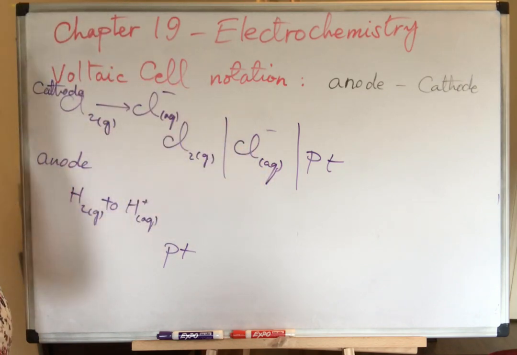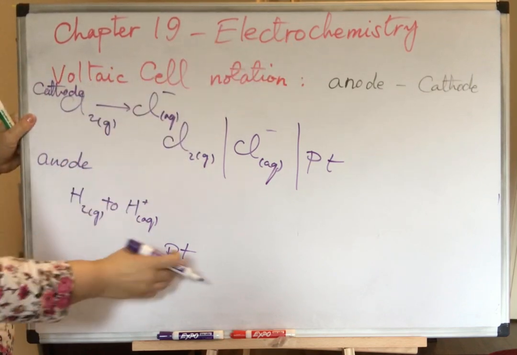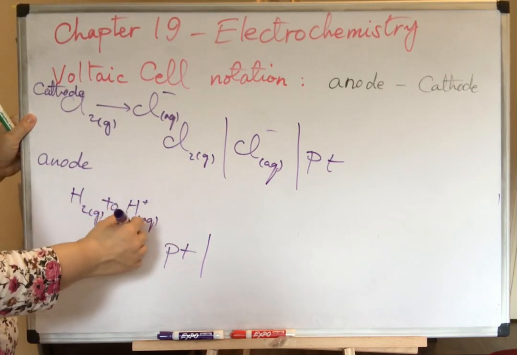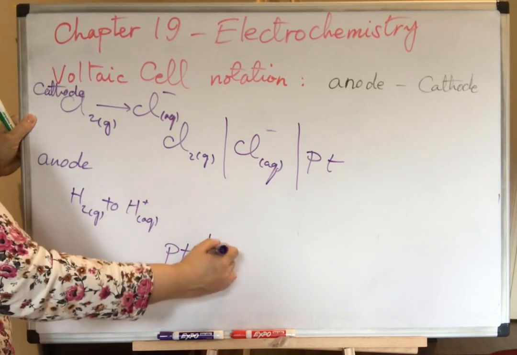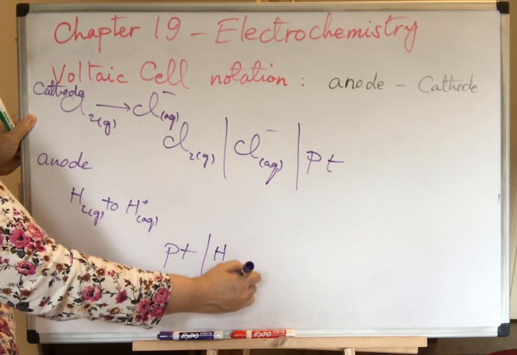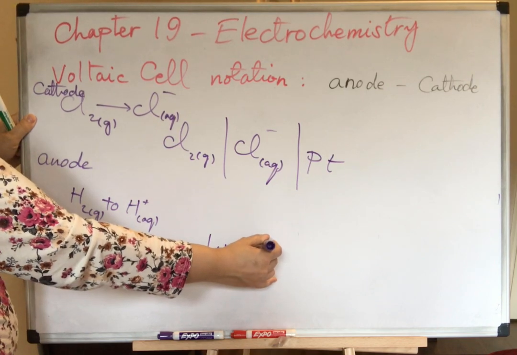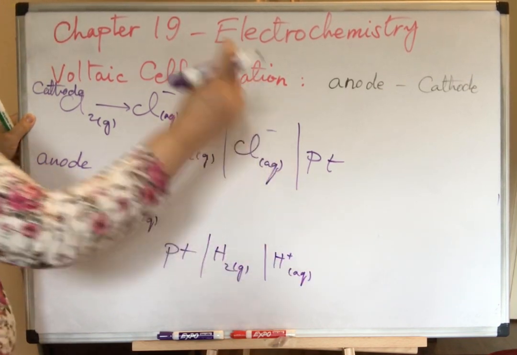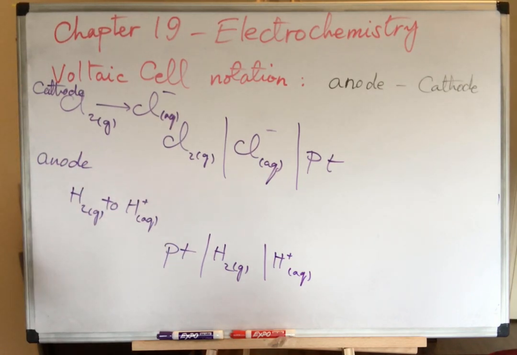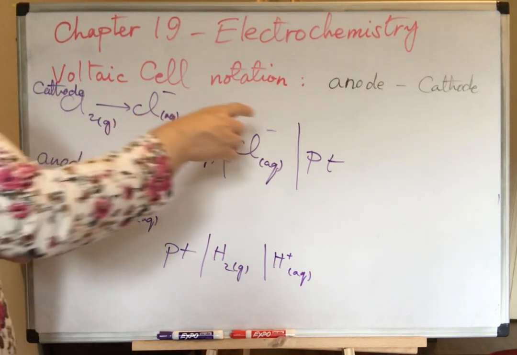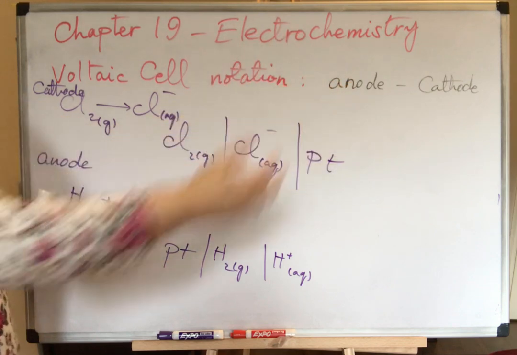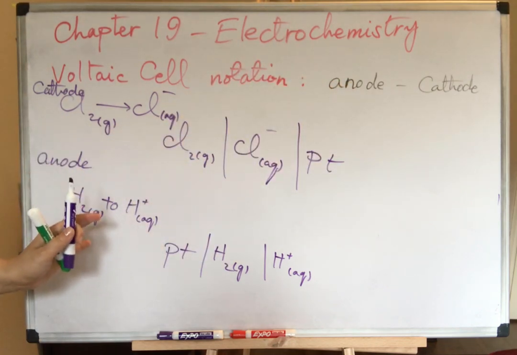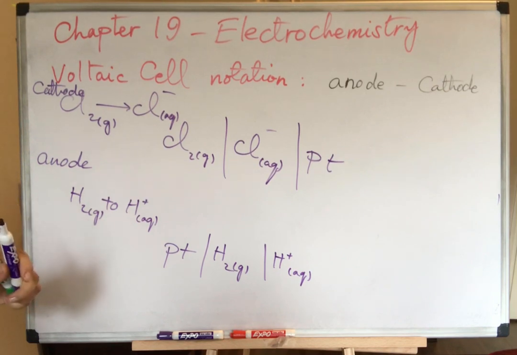So for anode, because anode is written on the left side, platinum is the first one appearing, and then you have hydrogen gas, and then you have hydrogen ion in the aqueous solution. Okay, so that's the difference. In the cathode, the inert metal is on the very far right, and the anode is in the very far left.